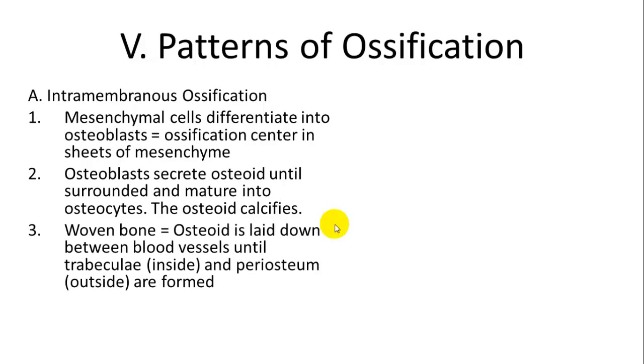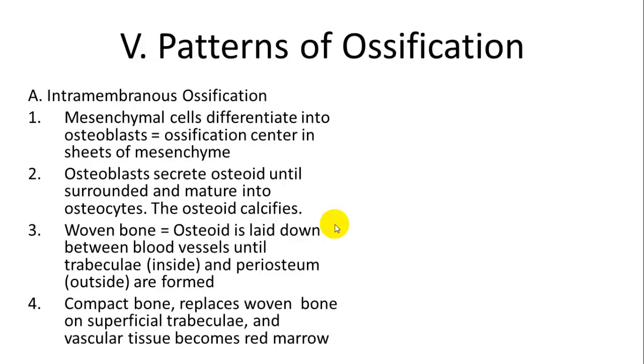This bone then reshapes into what's called woven bone, and it is laid around and within different blood vessels until trabeculae, which was that fundamental unit of spongy bone, forms, and then the periosteum is formed on the outside. And finally, you have compact bone replacing woven bone on the outside and inside, and this vascular tissue on the inside becomes red bone marrow.